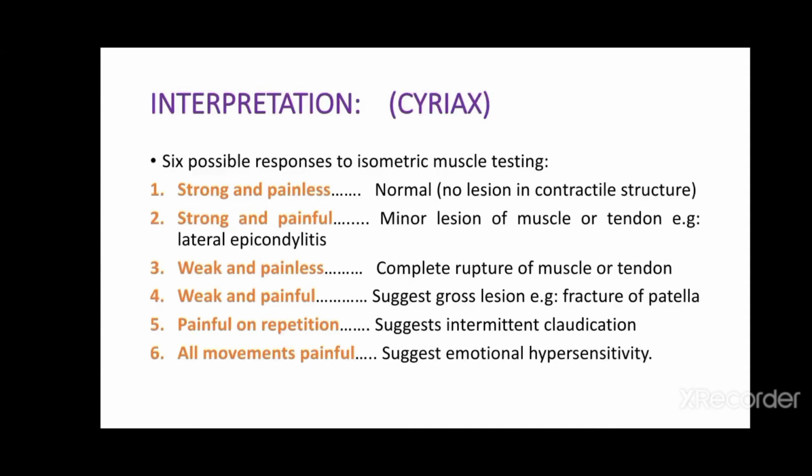So, this type of patient will complain of pain on repetition. And the last one is painful in all movements. It means that the patient has emotional hypersensitivity. The patient is very hypersensitive, that's why in all the movements, he or she is complaining of pain.